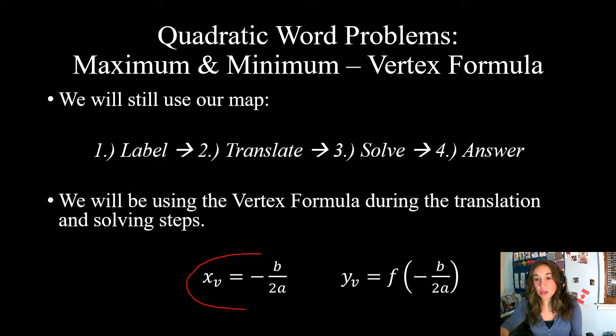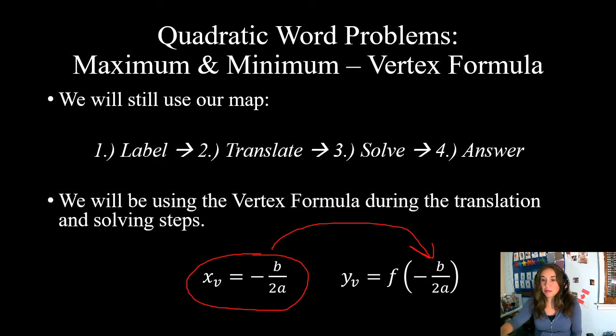To find the x-coordinate, it's negative b over 2a, and to find the y-coordinate, whatever we get for our x value, we just plug into our function and solve for y. So we have a really nice, quick, and easy formula that we can use. So let's take a look at our word problem and how we're going to use this formula.